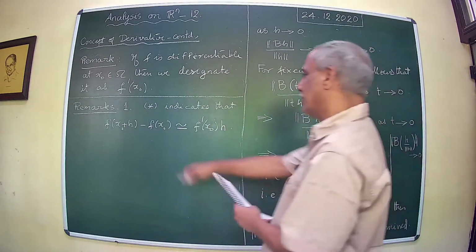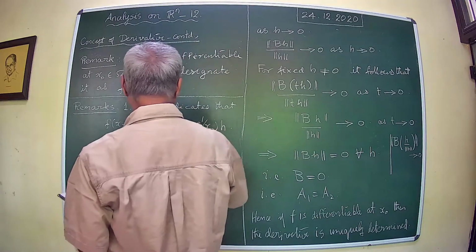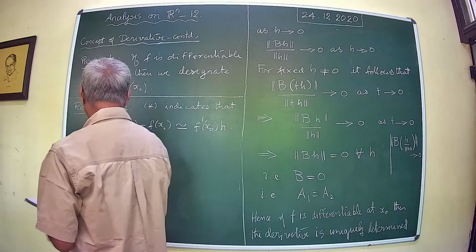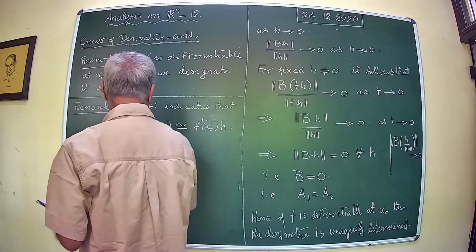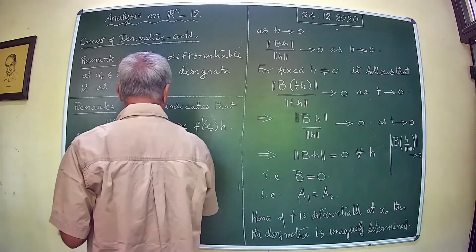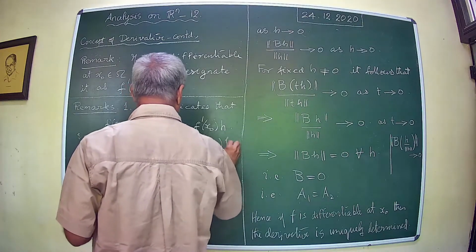Or you are approximating f of x naught plus h by f of x naught plus f derivative of x naught times h.